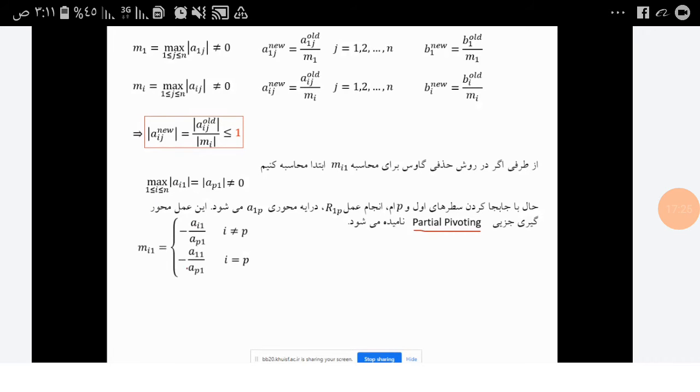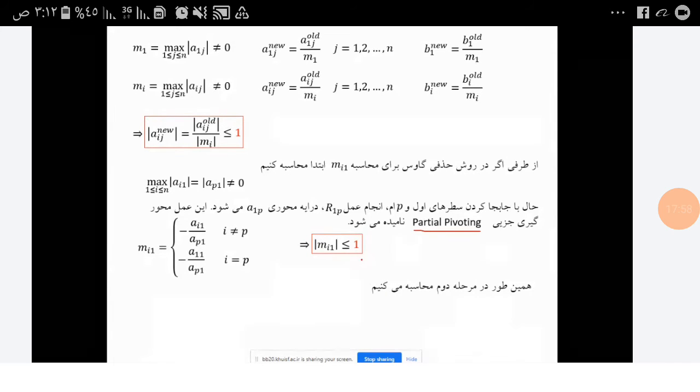So mi1 is minus Ai1 divided by AP1 for i not equal to P, and for i equal to P it is minus A11 over AP1. Each of them is less than 1. So Aij is less than 1, and mi1 is less than 1.